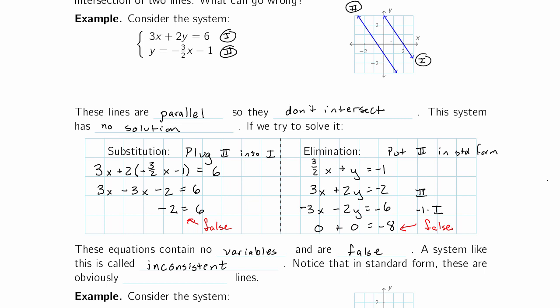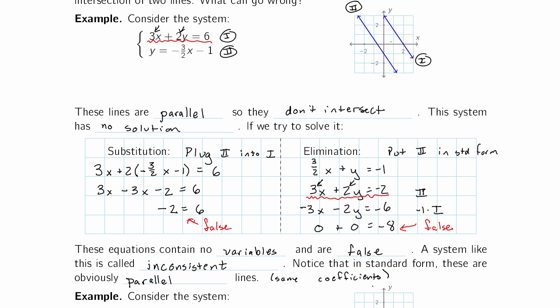One thing we'd like to be able to do is spot these right away without doing a bunch of algebra. And one thing we can notice is that in standard form, it's really obvious by looking that these are the equations of parallel lines, because we have a 3x and a 2y.